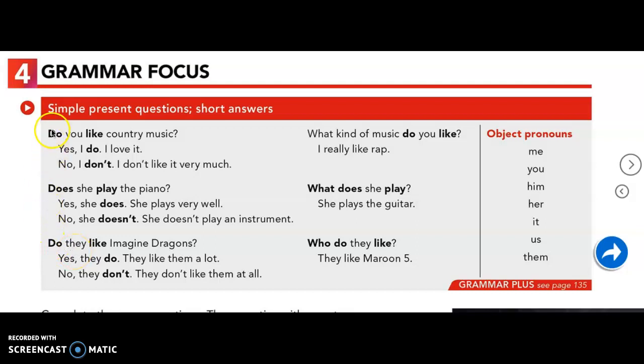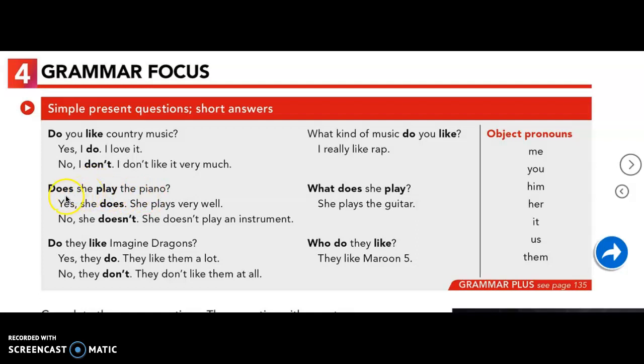However, we use do with the subject and followed by the base form of the verb for yes/no questions and short answers with I, you, we, and they.